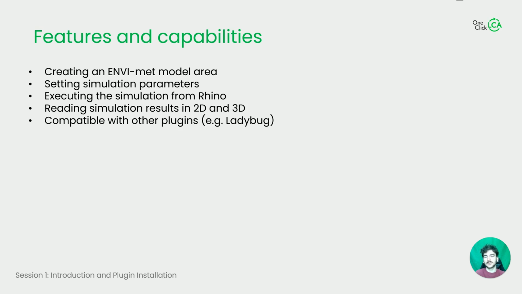That's quite useful because you can add visualization layers to your model area. It's a really good way of visualizing those results. And as I mentioned, it's compatible with many other plugins, which makes the whole workflow and process a lot easier.